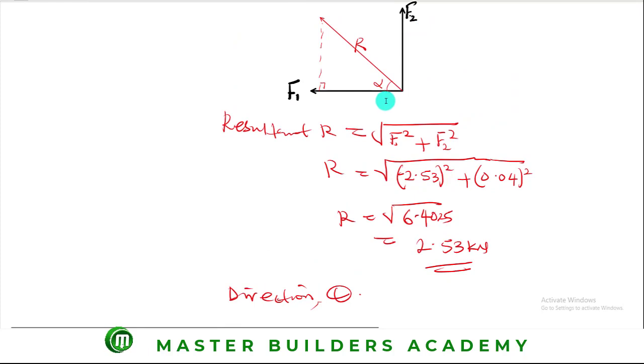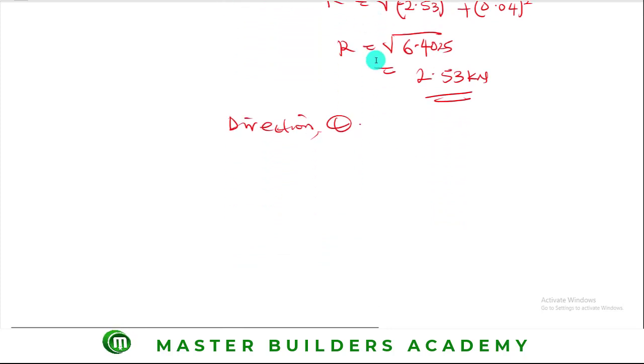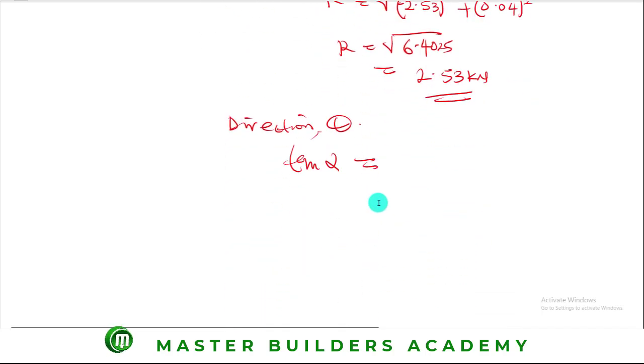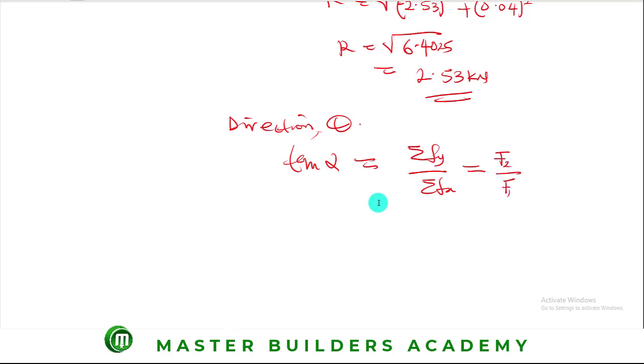So the first thing we will find is alpha, which is the angle between the resultant force and the horizontal axis. And to find this, we'll simply use tan alpha. Remember, it is alpha that we have in this diagram, right? So it is alpha that we have there. It's equal to tan inverse of sum of Fy over sum of Fx, which in this case, we have as F2 over F1, all right?